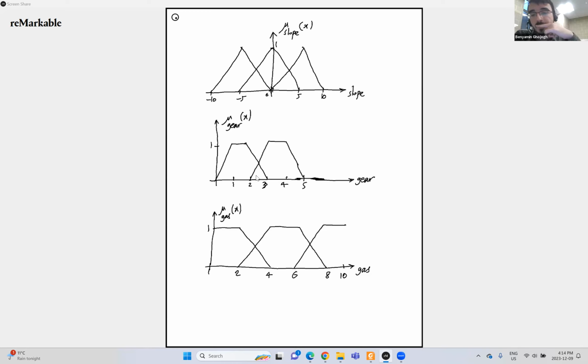And the dimension of these variables, again, is determined by us, whether it can be degree, radian, etc., right? And for gear, of course it's between 0 and 5, because we have gear 1, gear 2, gear 3, gear 4, gear 5 in a manual gearbox, right? And for gas, again, we can figure it out. Maybe let's have it between 0 and 10.